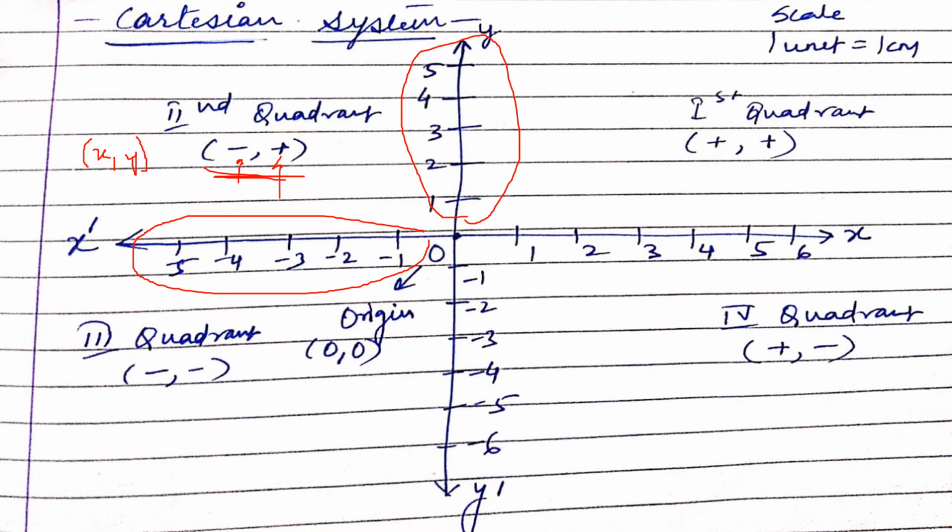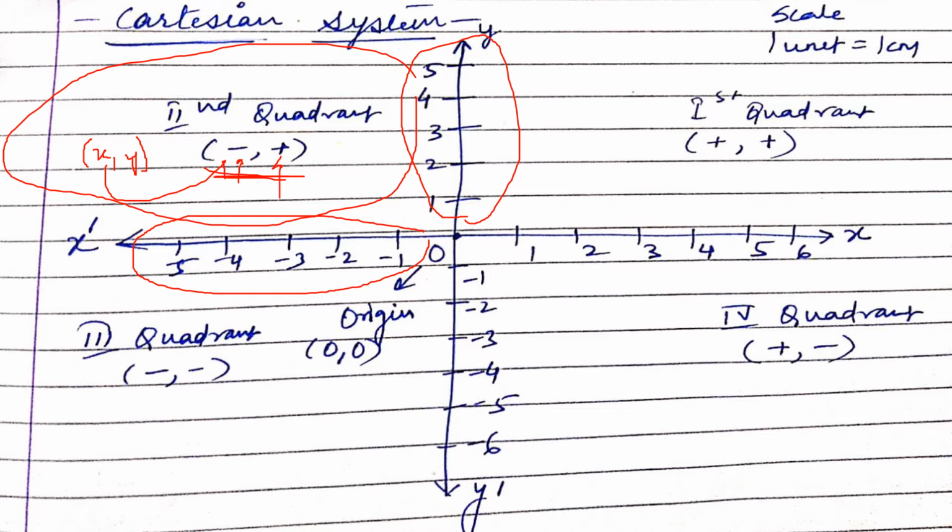That is why x is negative in the whole second quadrant and y is positive. So if someone says a person is located at -2 comma 3, you can predict that the person is in the second quadrant. Yes. We will learn more about how to locate points, but this time the main discussion is on the nature of points.